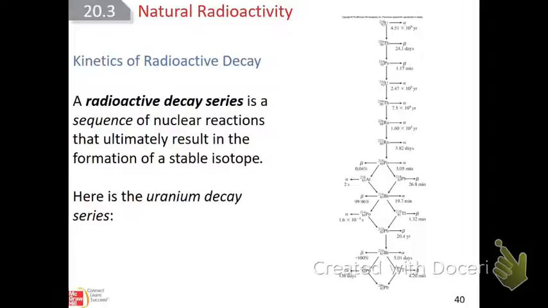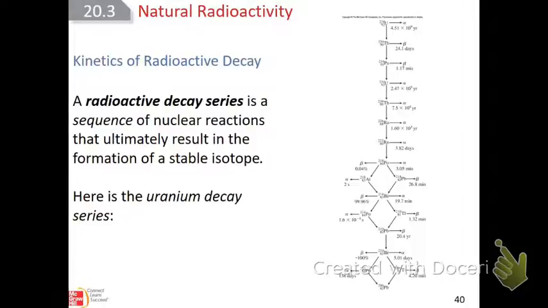So we purposefully shake up a nucleus and make it unstable so that it will decay. And we use them for a lot of important things, so it's not necessarily a bad thing. But radioactive decay is where things get shot out of the nucleus so that it will become more stable.